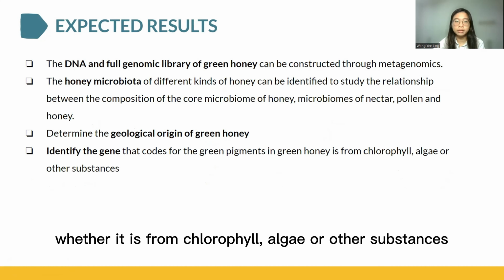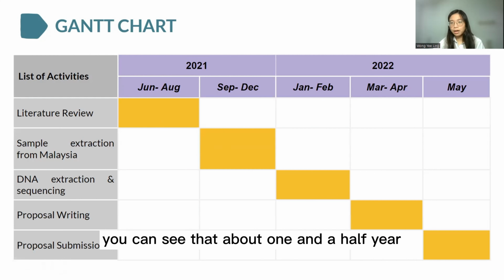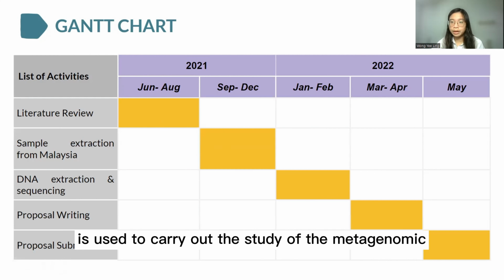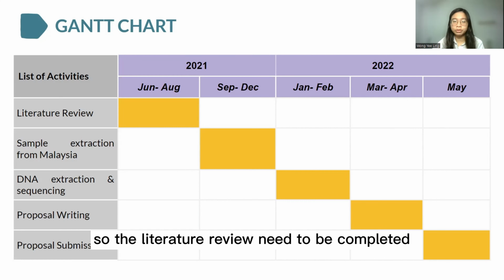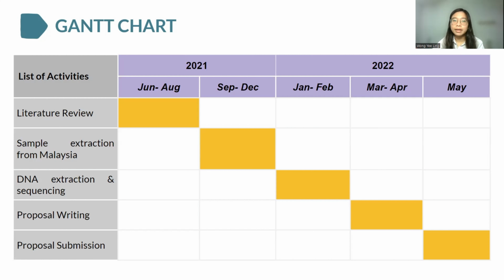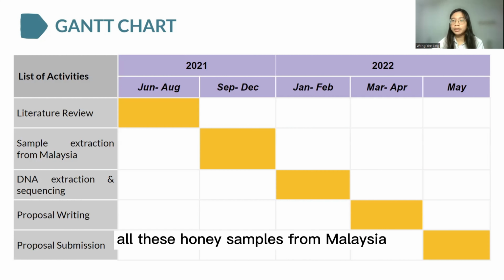From this Gantt chart, we can see that about 1.5 years is used to carry out the study of the metagenomics of honey, from June to August of 2021. So the literature review needs to be completed. Next, from September to December, about 3 months is used to collect and extract all these honey samples from Malaysia.